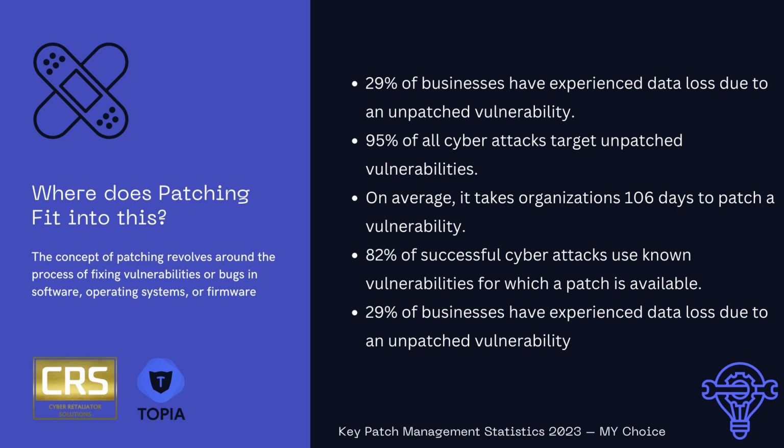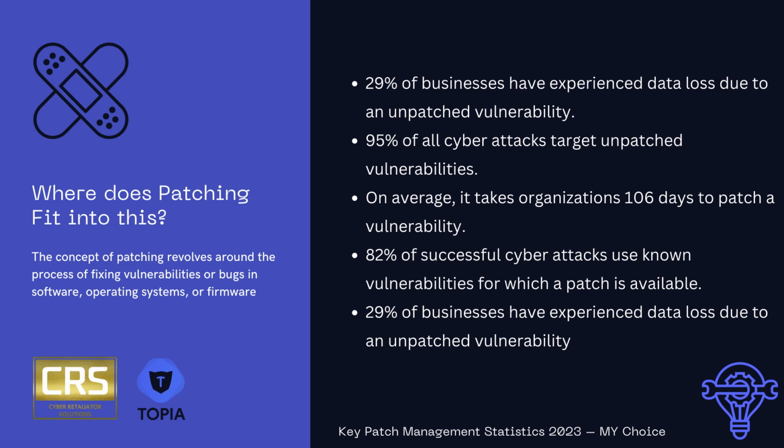Taking a look at these statistics once again: 29% of businesses have experienced data loss due to an unpatched vulnerability, which is avoidable. 95% of cyber attacks target unpatched vulnerabilities.